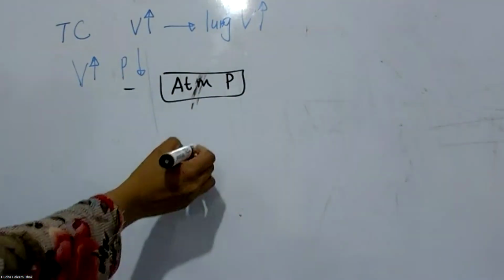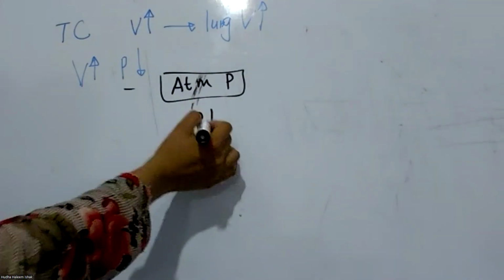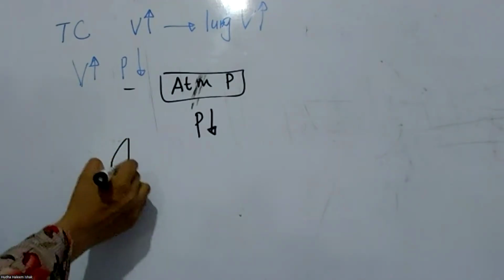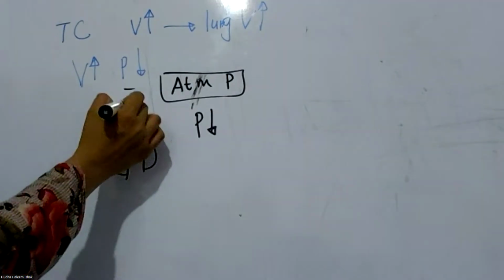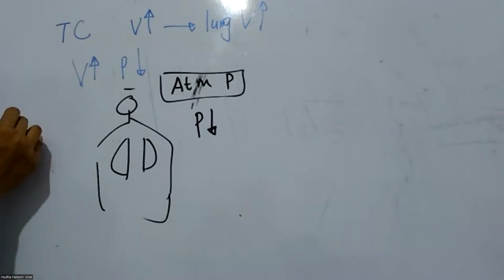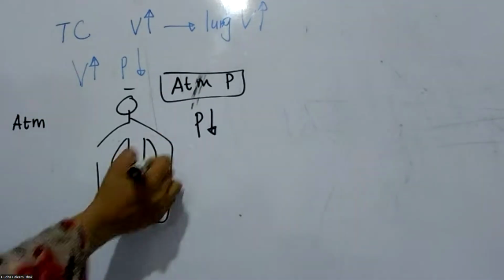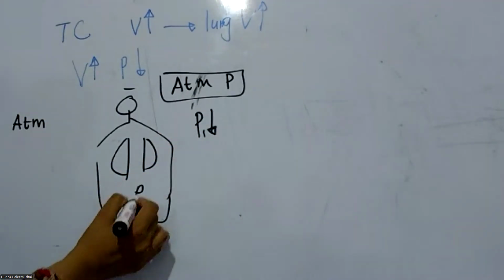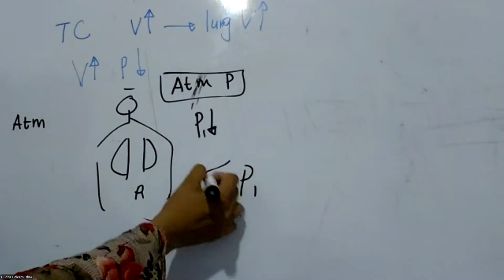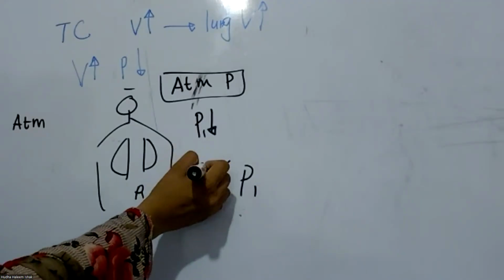The pressure of the lungs is going below the atmospheric pressure. But still, outside our body, we have the same pressure. Here we have the atmospheric pressure. But here we have this P1. Let's keep it as P1. P1 is less than the atmospheric pressure.